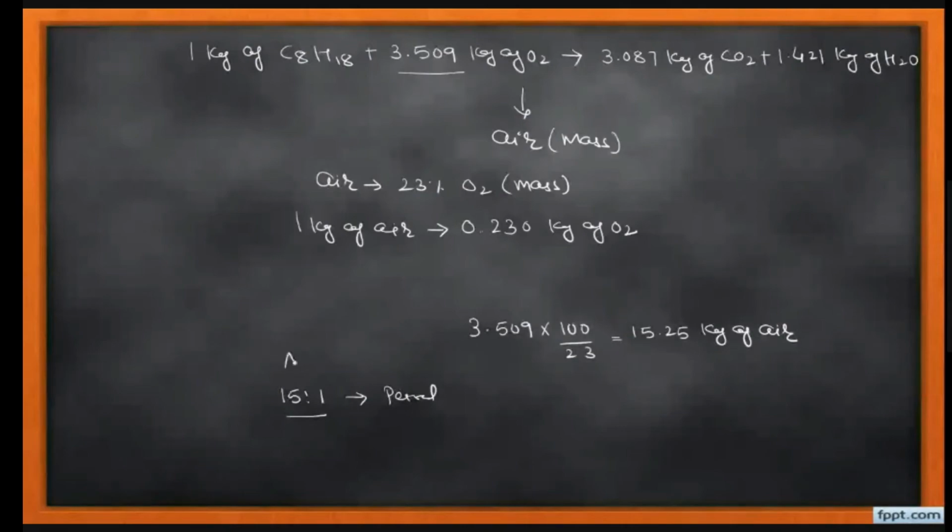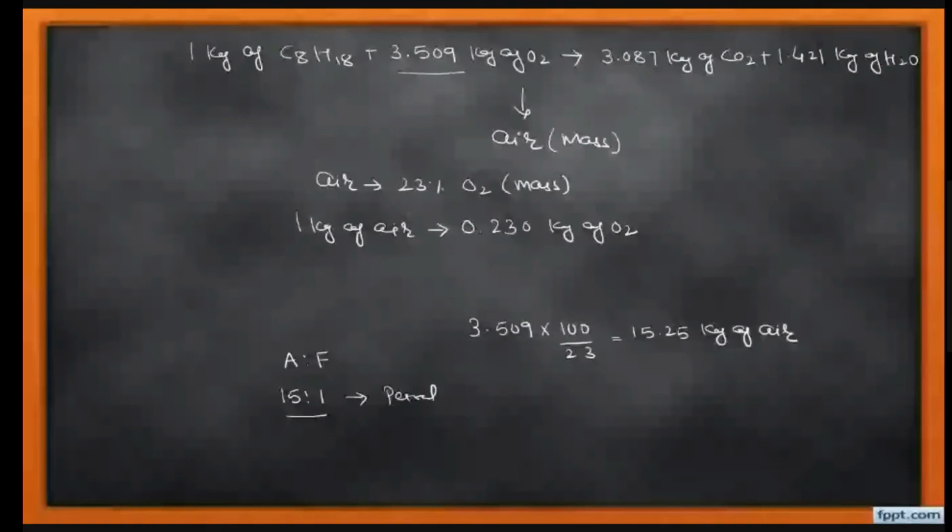If you supply a greater amount of fuel, it is called a rich mixture. And if your mixture has more air and less fuel, then it is called a lean mixture. Again, I want to write that there are types of mixture strength.